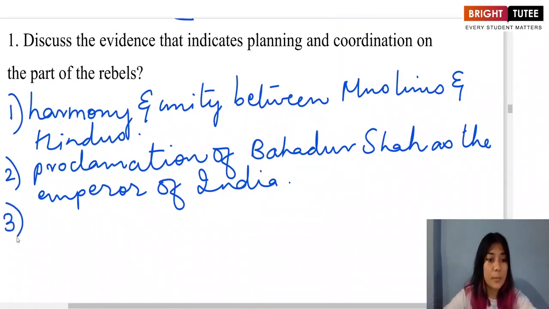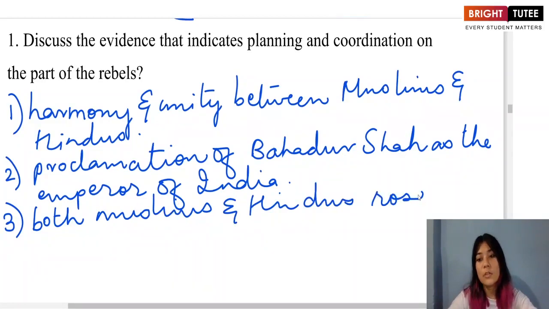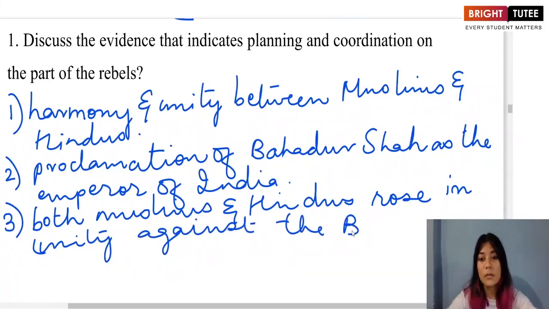The third point, both Muslims and Hindus rose in unity against the British rule. All right.